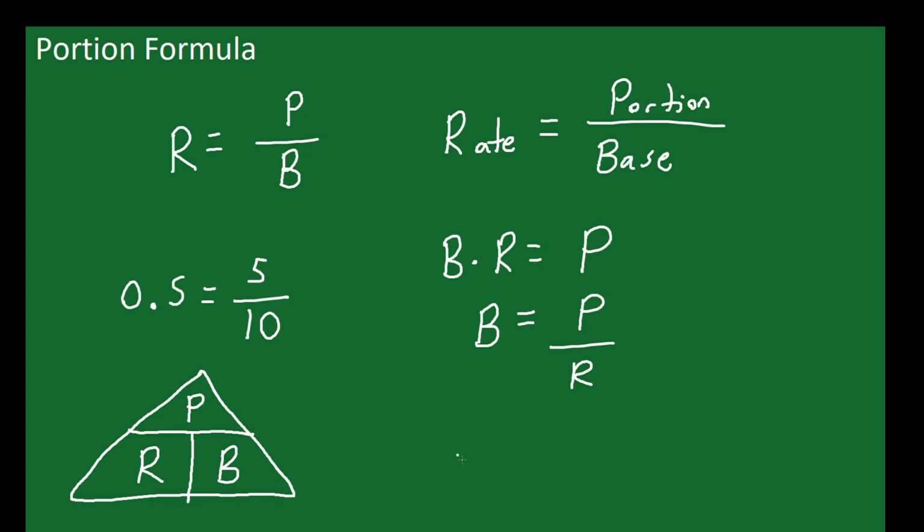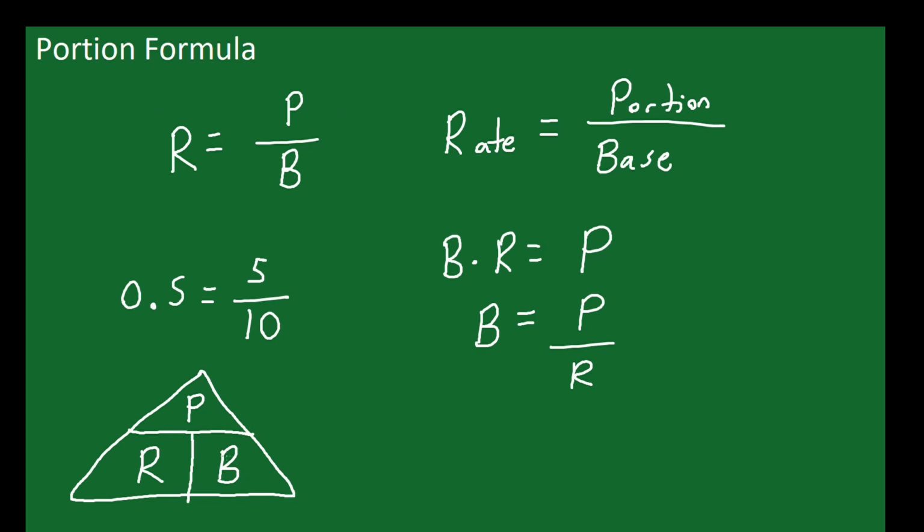So if you're wanting to solve for R, the idea is you cover up the R with your hand, and what you're left with is P over B. So R is equal to P over B. That's what this equation here tells us.